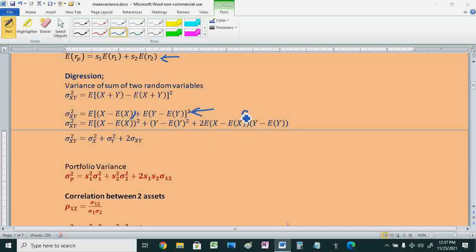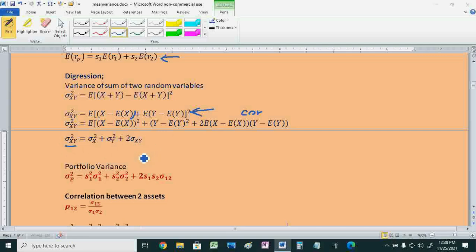So that is something that you may be able to recall from your previous courses in statistics, and I have written it a little bit differently in the form of sigmas. So this is the variance of x and y equals the variance of x plus variance of y plus 2 times covariance xy.